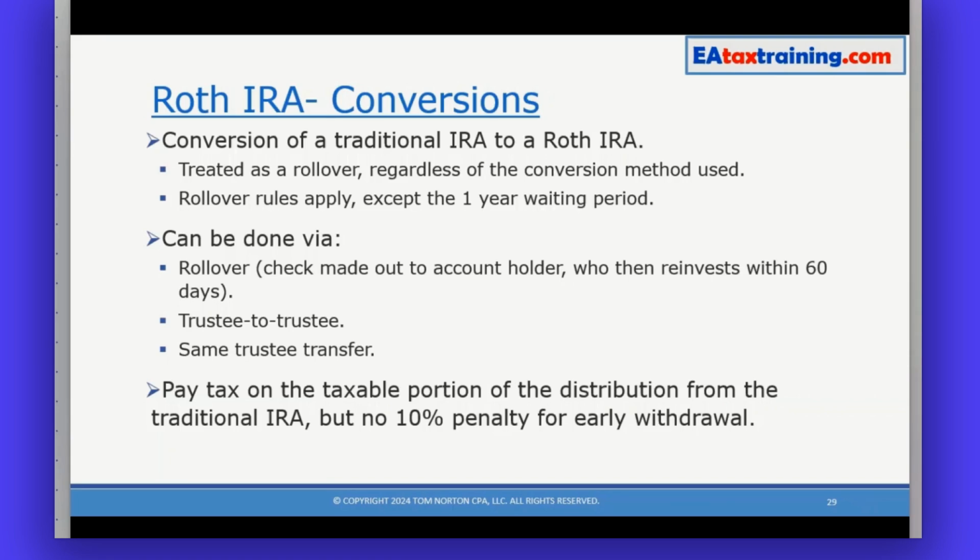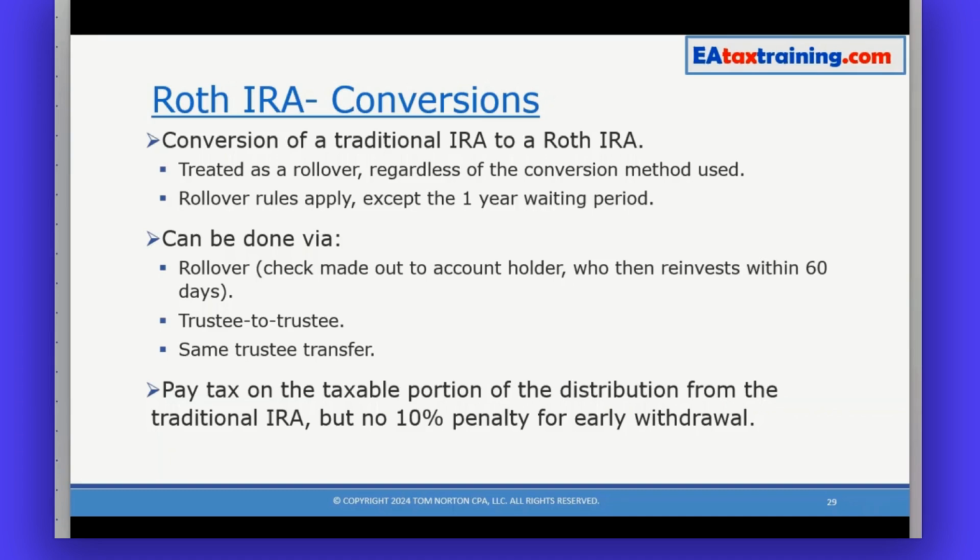Now, when you do this, it is not tax-free, because you're taking money out of a traditional IRA. So you do have to pay tax on the taxable portion of that distribution from that traditional IRA, but you do not have to pay the 10% penalty for early withdrawal. So if you've got a client who says, hey, I think I'd rather have a Roth rather than a traditional, then you just need to explain to them that's fine.